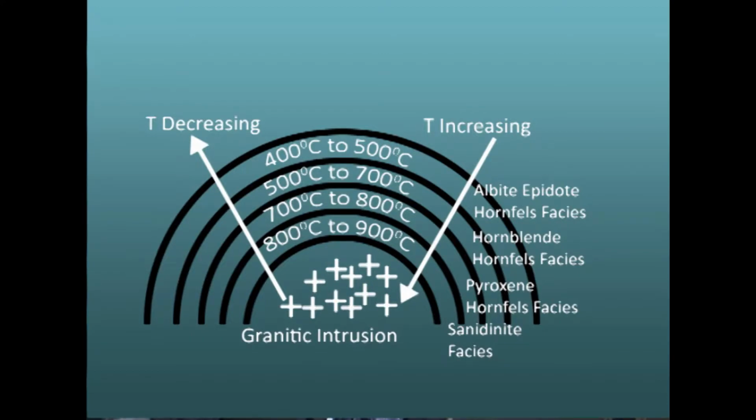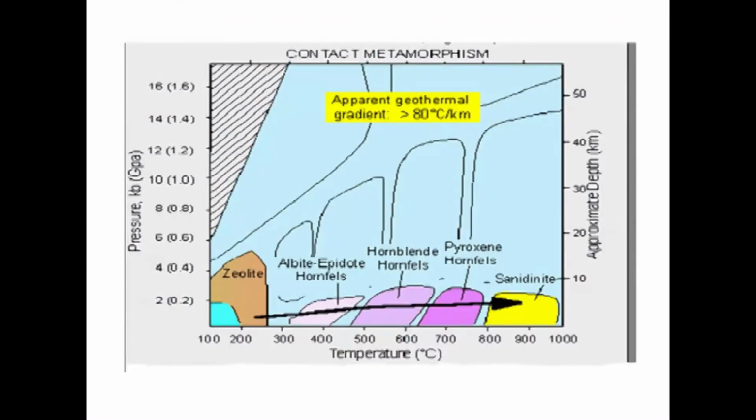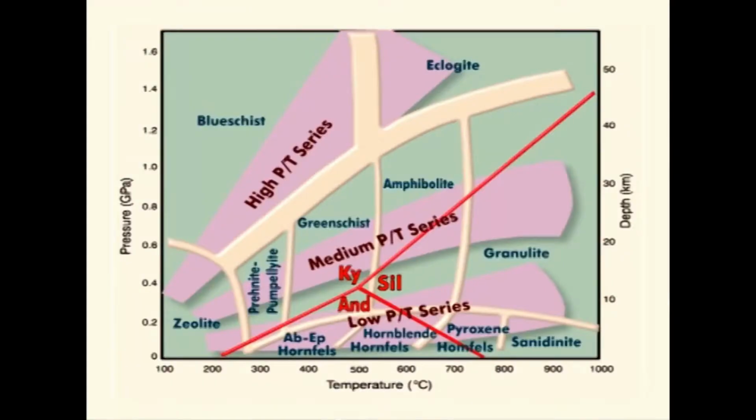Pyroxene Hornfels facies are found in the innermost parts of some contact aureoles. Their development is favored especially by shallow depths where pressure is very low, and by proximity to intrusions of basic magma, that is gabbroic intrusions.